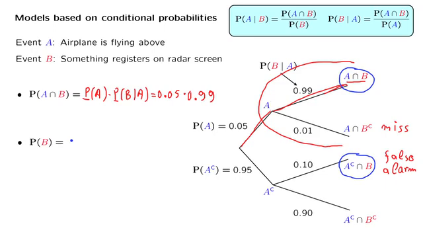For the first event, we already calculated it. It's 0.05 times 0.99. For the second possibility, we need to do a similar calculation.